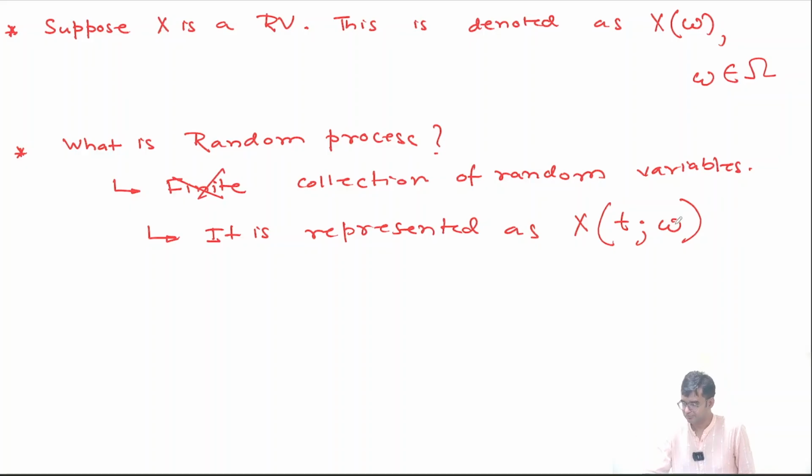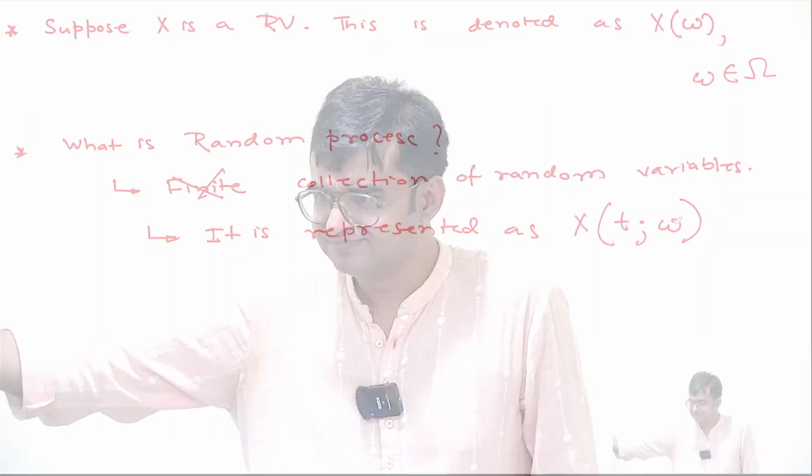What is x1 a function of? Omega. That is a random variable because it is only a function of omega. t I have fixed. What is x2 a function of? Omega. It is not a function of t because it is at t equal to t2. What is x3? Right? And like that I can sample at an infinite number of t's. So I can get an infinite collection of random variables. So a random process is a collection of random variables.